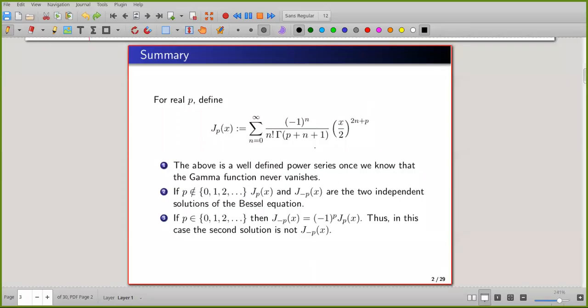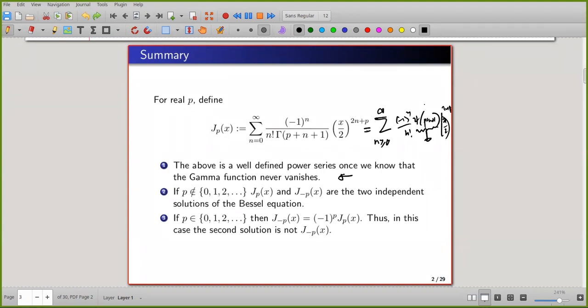I can rewrite this in the notation of the previous page as (-1)^n over n factorial times psi of p plus n plus 1, times (x/2) to the power 2n plus p. Here I'm just trying to say that this psi is actually a real number. It's not infinity or anything.